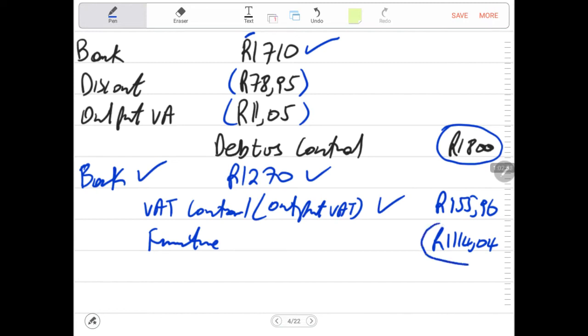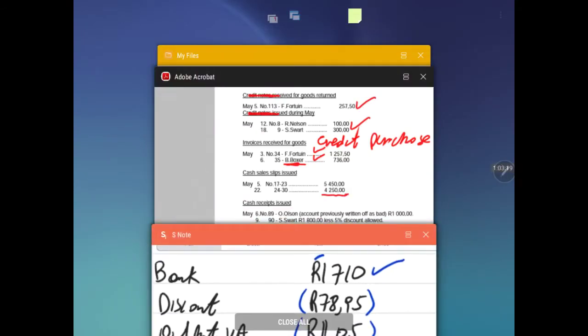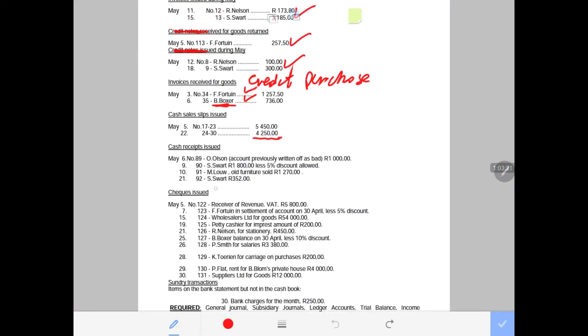under our subsidiary ledger because we don't have the column for furniture or asset disposal. So now this will be furniture or asset disposal, but it will be recorded under subsidiary ledger, this amount, and under our standard details, then we write our furniture. Then under details, we write M. Low.